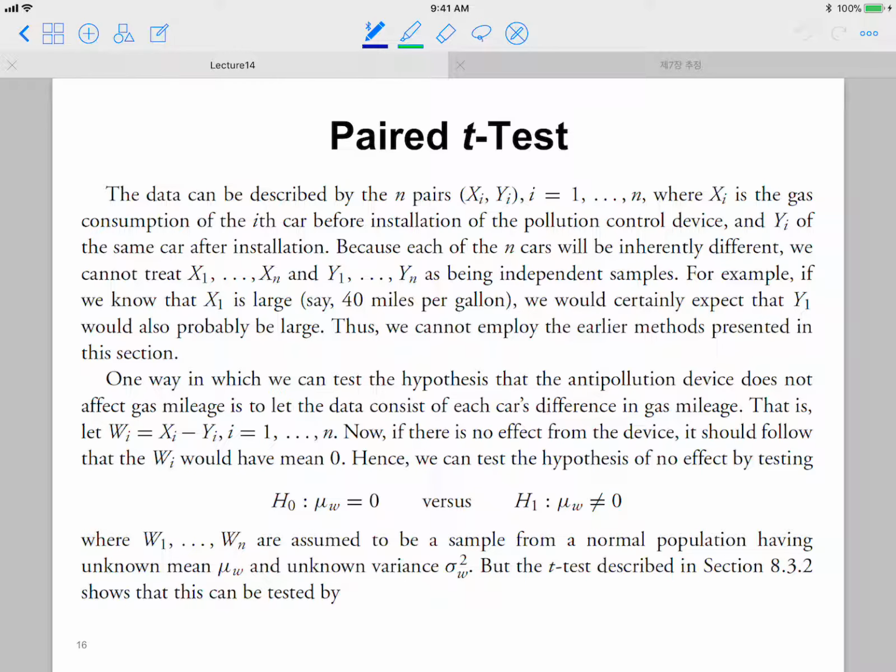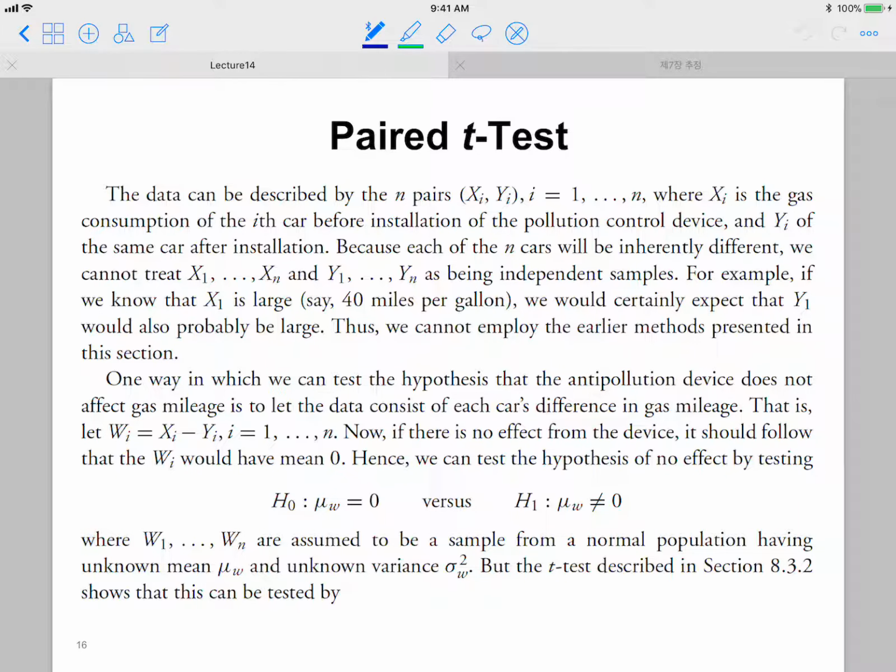So you are looking at the same car one by one. You have 10 cars initially, and the same 10 cars exist in the second sample.